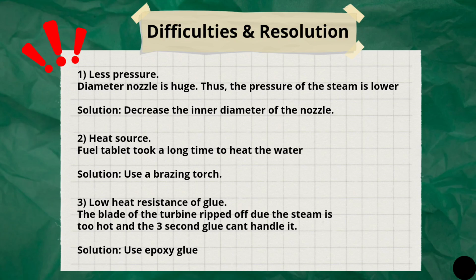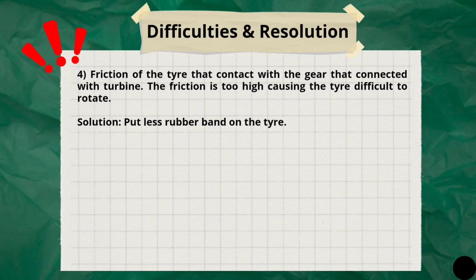The glue used for the turbine blades melted due to the high steam temperature, so we used epoxy glue for better heat resistance. Last but not least, high tire friction. The friction between the tires and the gear connected to the turbine was too high, so we reduced the number of rubber bands on the tires.